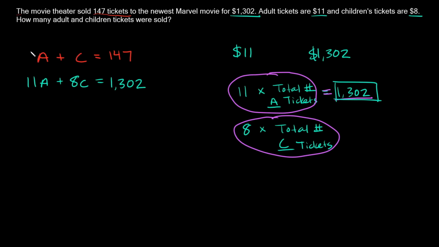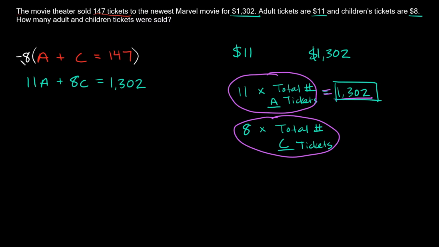Okay, so in this example, let's just make the C's cancel out, okay? So if I need a negative 8 right here at the top, that means I have to multiply the whole equation by negative 8, okay? And then you just take this negative 8 and basically distribute it, or you just multiply it by every single term in here, okay? Including the number at the end, right? Very important, don't forget that, okay?